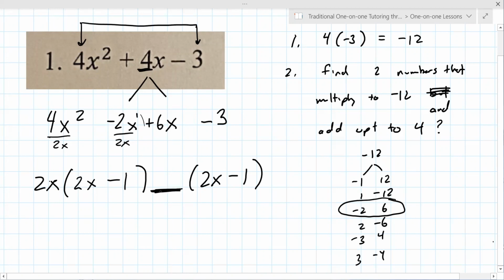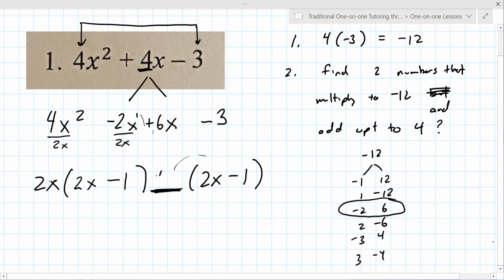Something goes here where I've underlined that when you multiply in, you get back to the original. 6? 6 times 2x gives you 12x. 4? 4 times 2x is 8x, not 6x. Oh, wait, it's 3.